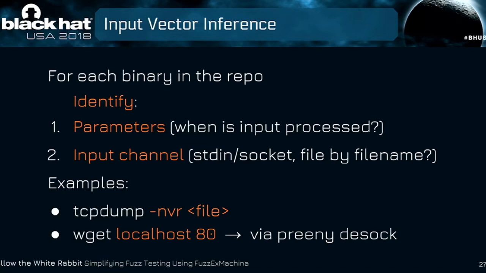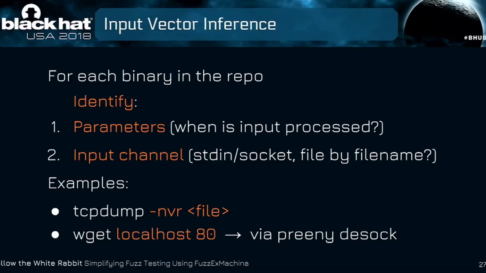So it's a preloaded library which hooks network calls so that every time the binary reads from a socket, the input actually comes from stdin. So in that sense, input from stdin and from sockets are the same for FuzzExMachina. So to give you two more examples, well, we already had the TCP dump example, which would be -nvr and then path to a file.